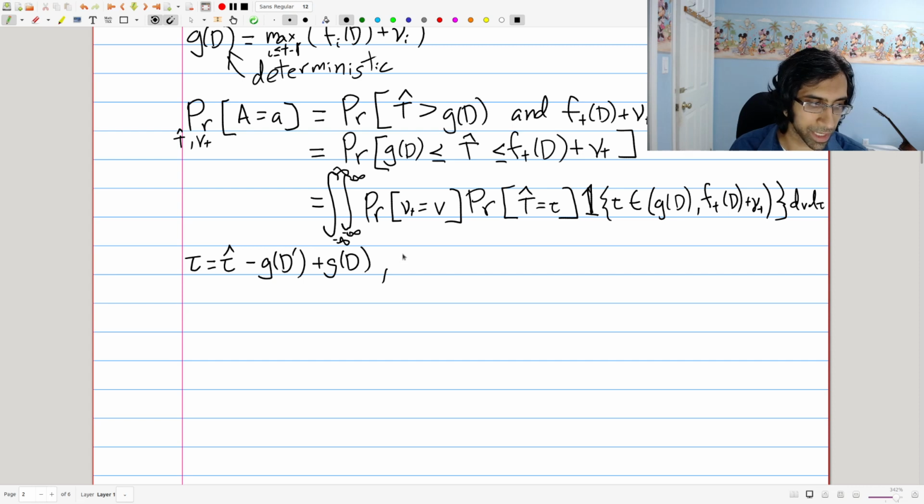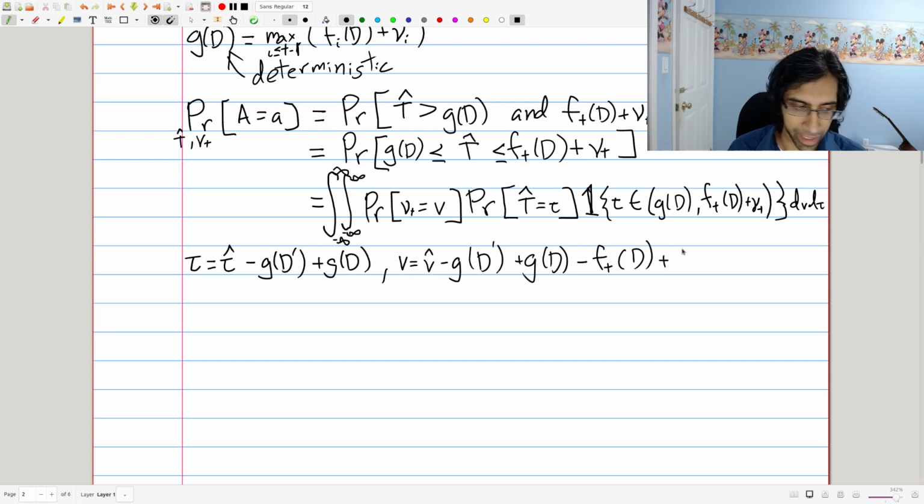Similarly, we let v equal v hat plus something. This is a bit more complicated, but it does the same type of thing: subtracting out one data set's contribution and adding in the other's. So these are the two substitutions that we're going to consider.